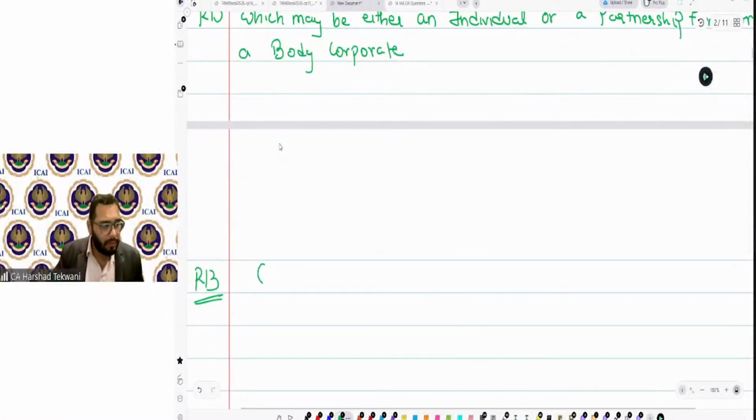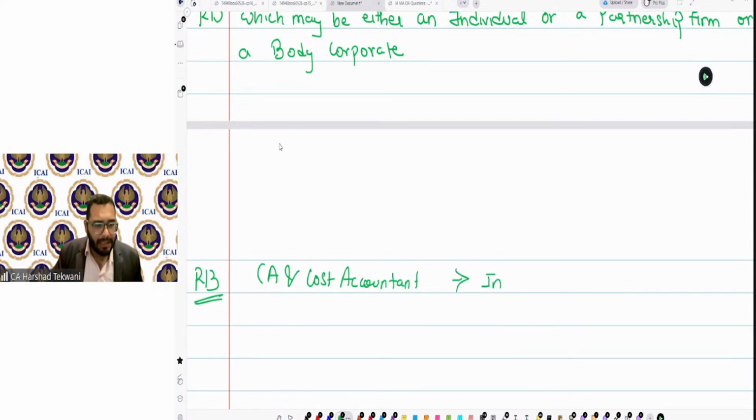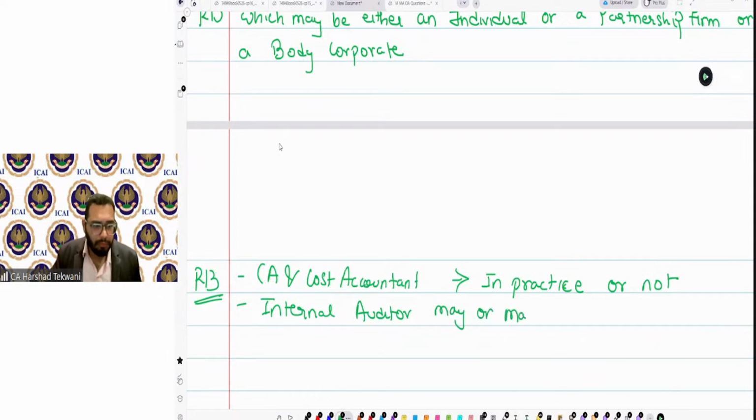CA and cost accountant, both can be in practice or not. Moreover, it says that the internal auditor may not be an employee of the company.